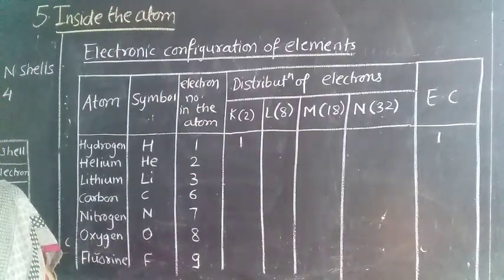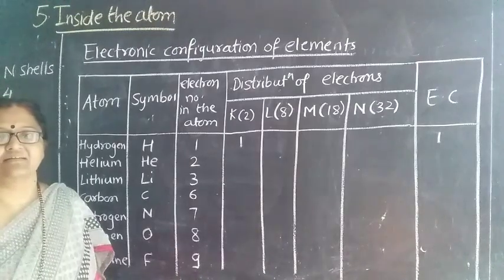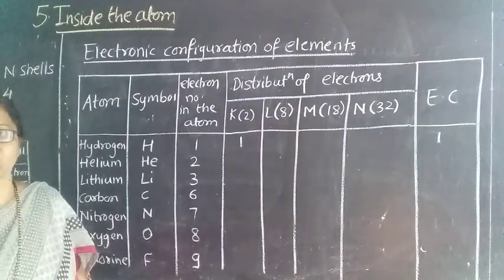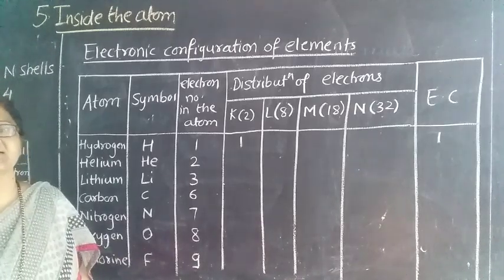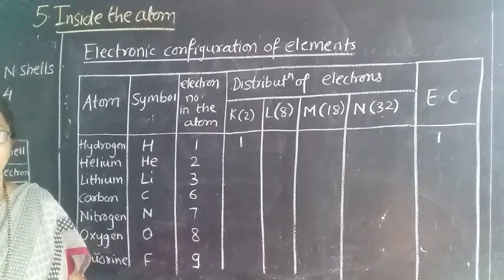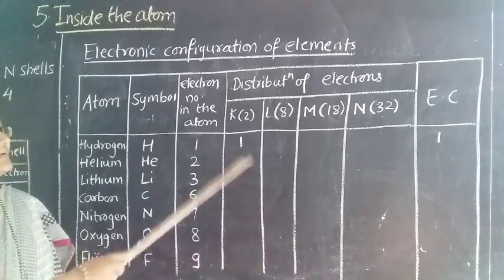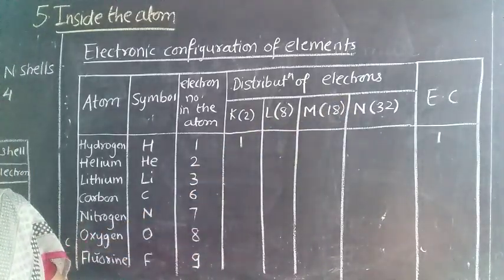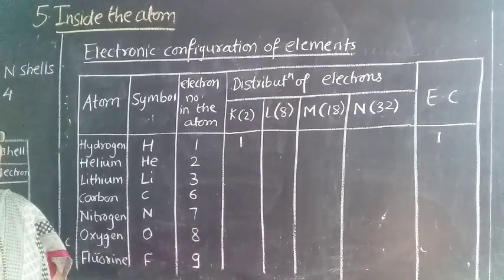Before seeing that, I have told you that there are various orbits around the nucleus of an atom. They are called shells. Which shells are they? They are nothing but K, L, M and N. Each and every shell has its own capacity.